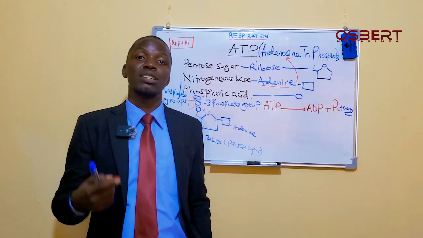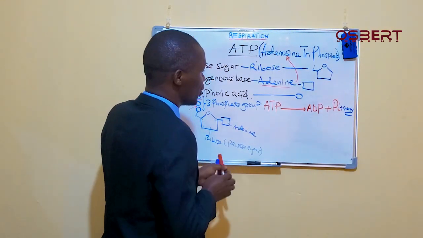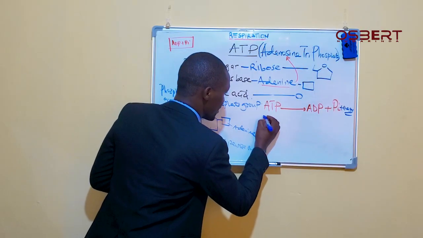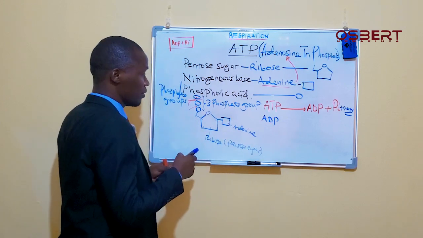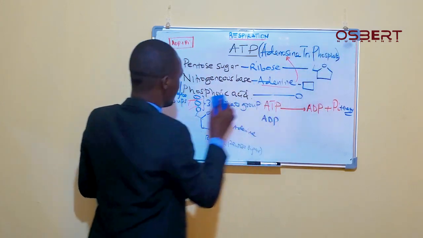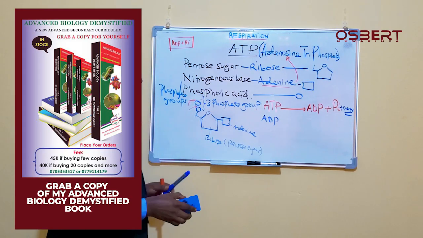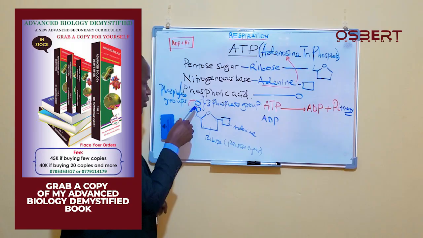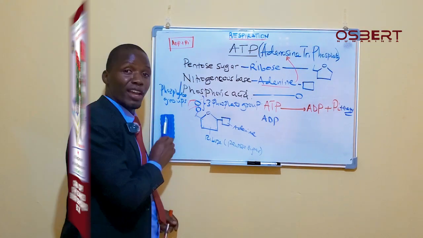No. If the cell still needs more energy, even this ADP you see here can be used. This ADP will no longer have this one phosphate, which has gone away. Now, in case there is need for more energy, we still have another bond here which is keeping energy.